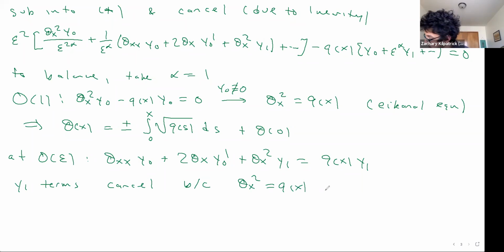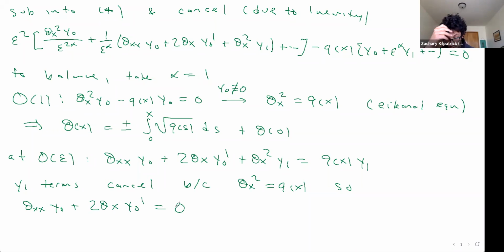So at the end of the day, I can cancel this out, and I just have an equation now for y0. It's going to be a linear equation with some x-dependent coefficients. So theta sub xx y0 plus 2 theta sub x y0 prime is equal to 0.